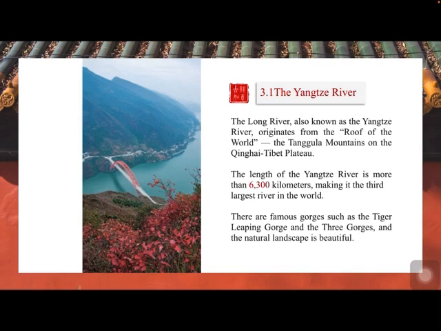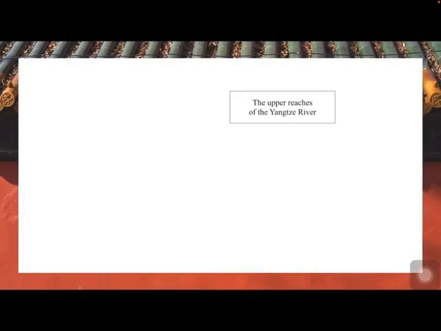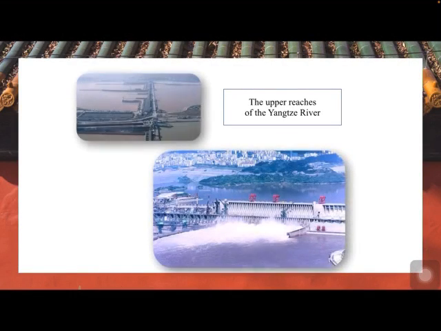People built the Three Gorges and Gezhouba hydropower stations in the upper reaches of the Yangtze River. It is the Yangtze River, or we call it Changjiang.